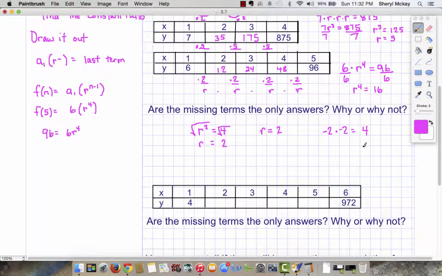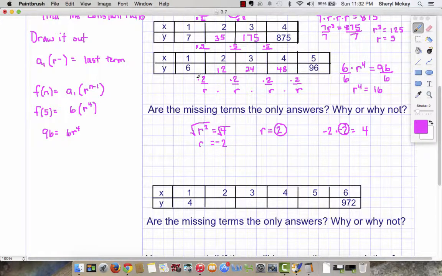So, as we think about this, if we say that r squared could either be a positive version or a negative version, meaning r could also be negative 2, then perhaps we would end up with something different.